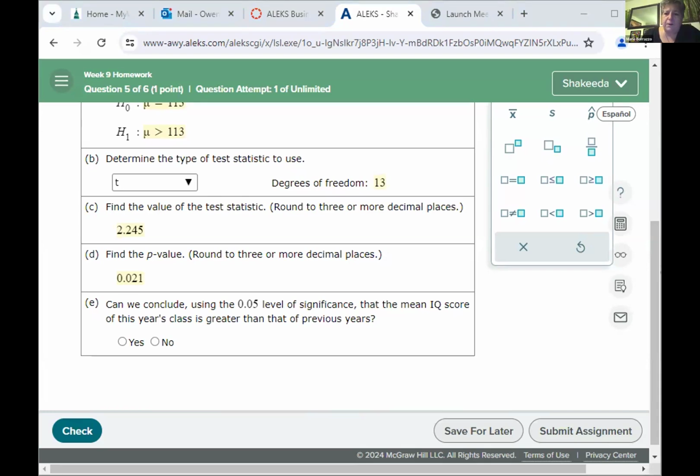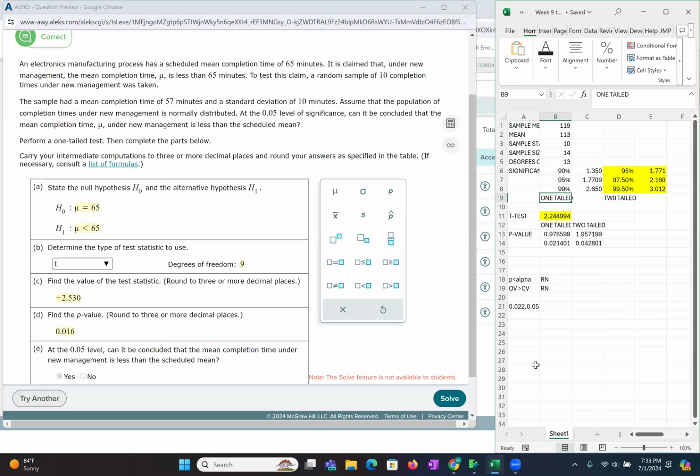The one-tailed p-value is 0.978. Have you seen my screen? No, you wouldn't see my screen. Do you want me to stop sharing real quick? Can you see my screen now?